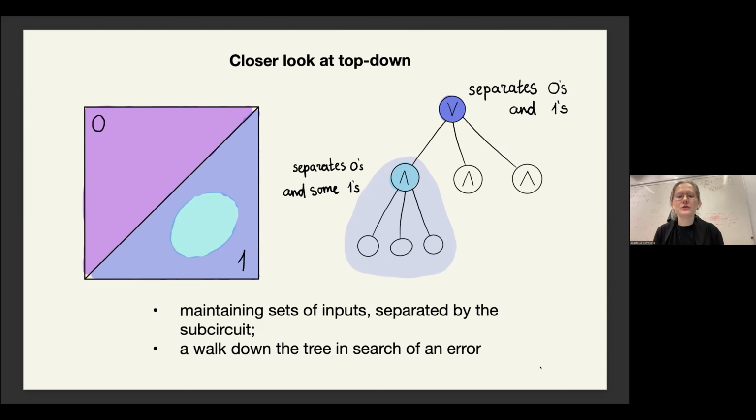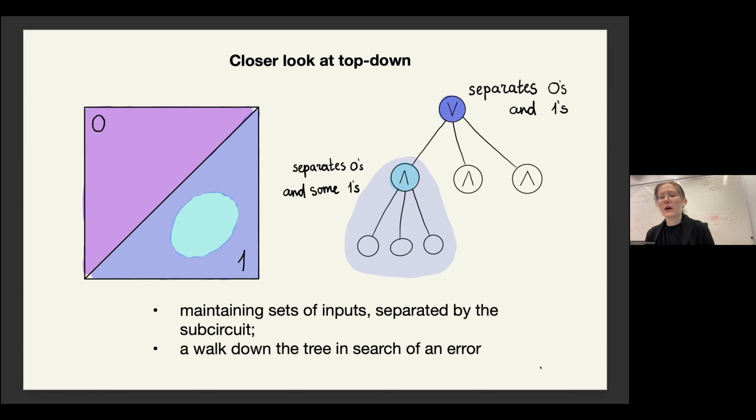And if I choose to take the next step down the circuit, I'm choosing a subcircuit of depth 1 less in the next layer. Then I'm saving my chunk of ones that I had, and I'm picking a chunk of zeros. So a top-down technique essentially is just a walk down the circuit, a walk down the tree, and I'm maintaining during this walk a set of inputs that is separated by the current subcircuit.